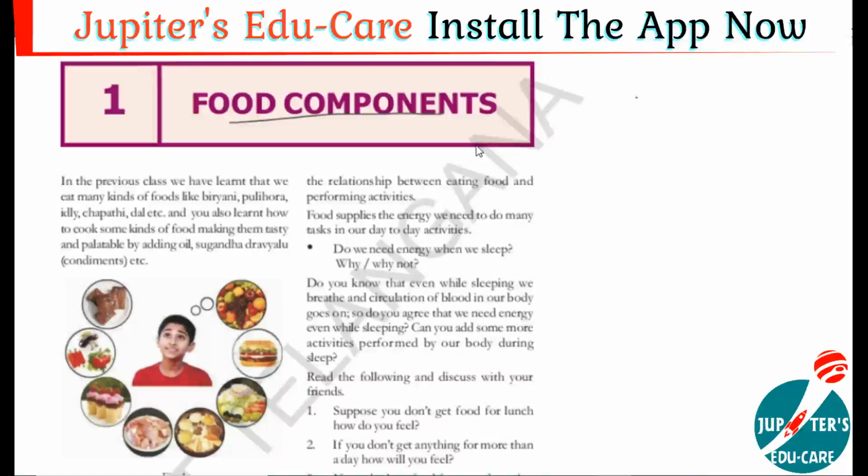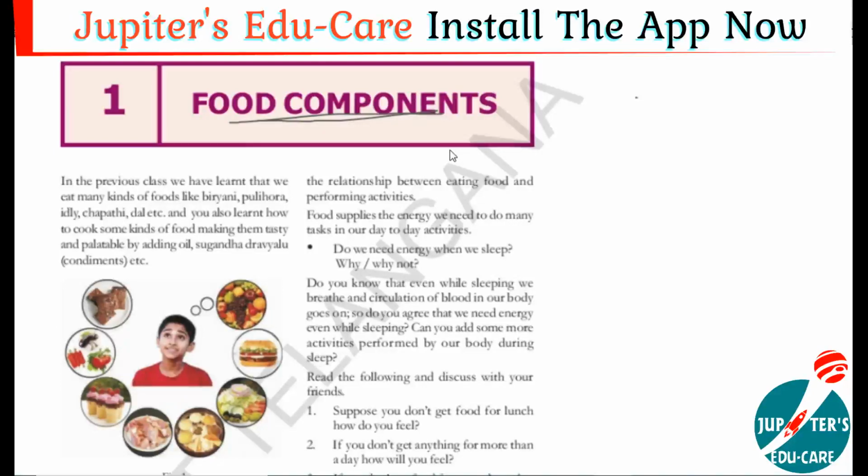Now in this chapter in your class 7th you are going to learn about different types of food components, the various components present in various food items. In which food item which type of component exists, we are going to read in this lesson.